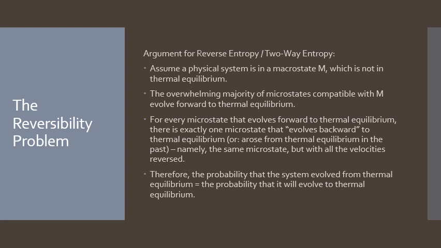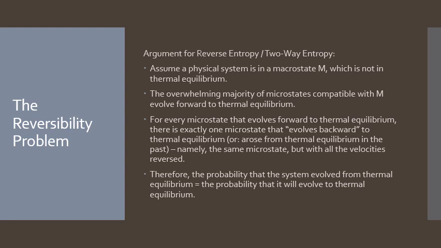Okay, so here's the argument for why you should believe reverse entropy or two-way entropy. Assume that a physical system is in a certain macrostate, M, which is not in thermal equilibrium. So it's an ordered state. The overwhelming majority of microstates that are compatible with M evolve forward to thermal equilibrium.